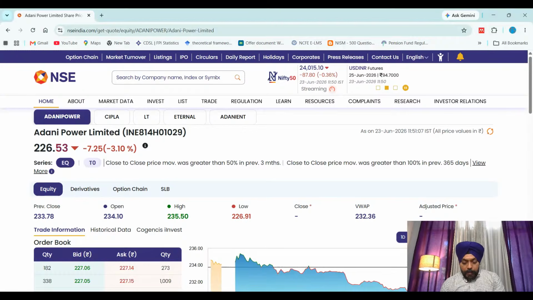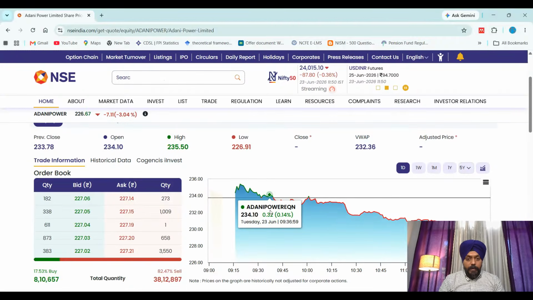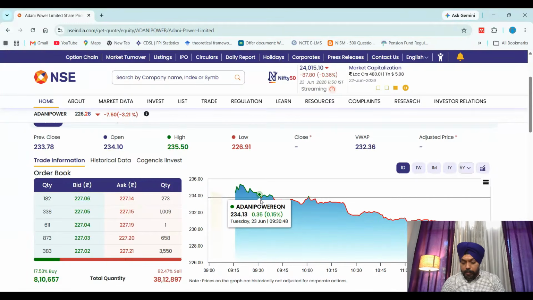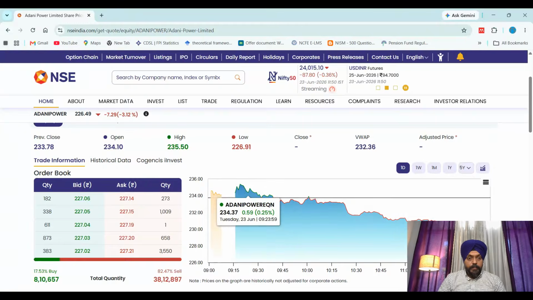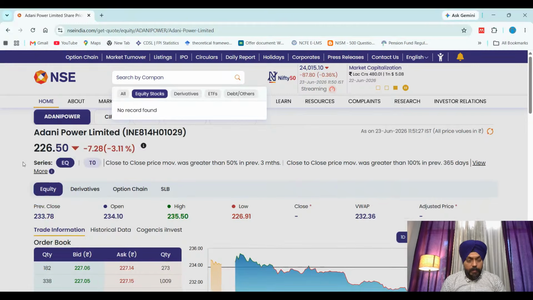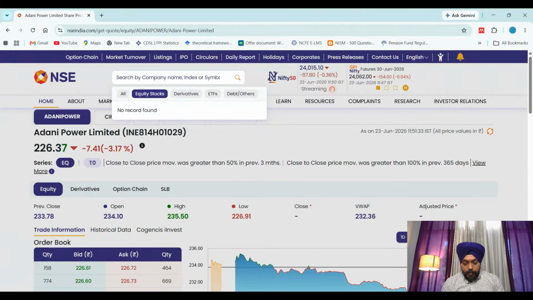The Adani Power 9:30 AM price was 234. And the latest price, LTP, of Adani Power is 226. R1 and S1 we will write.